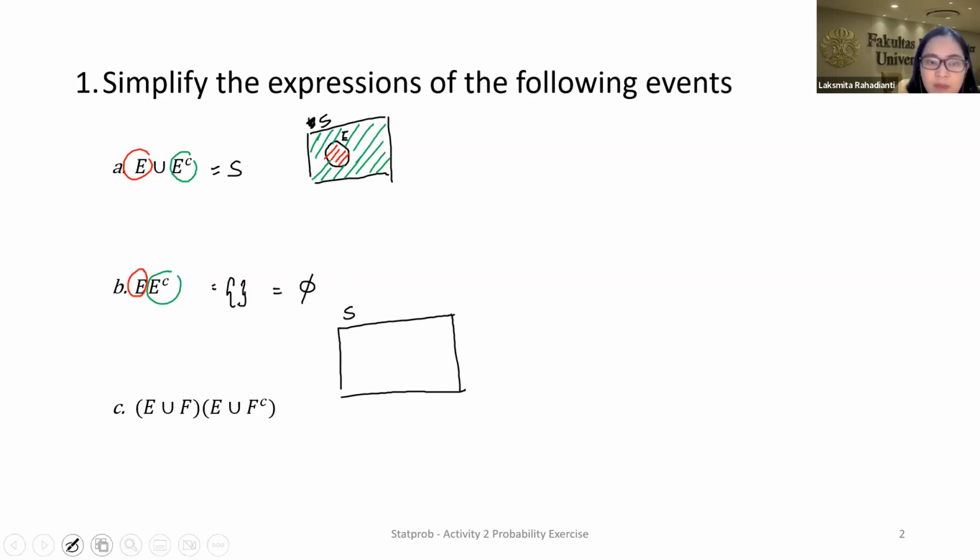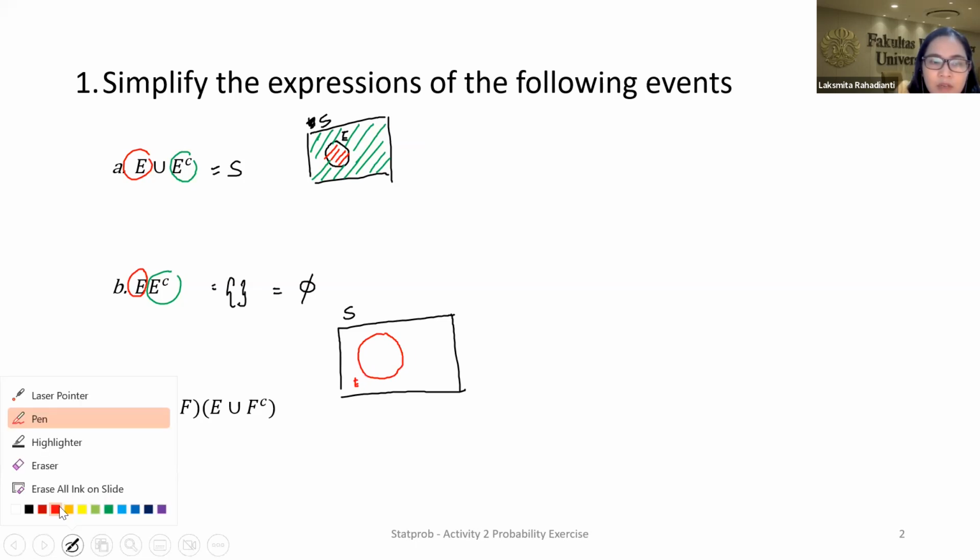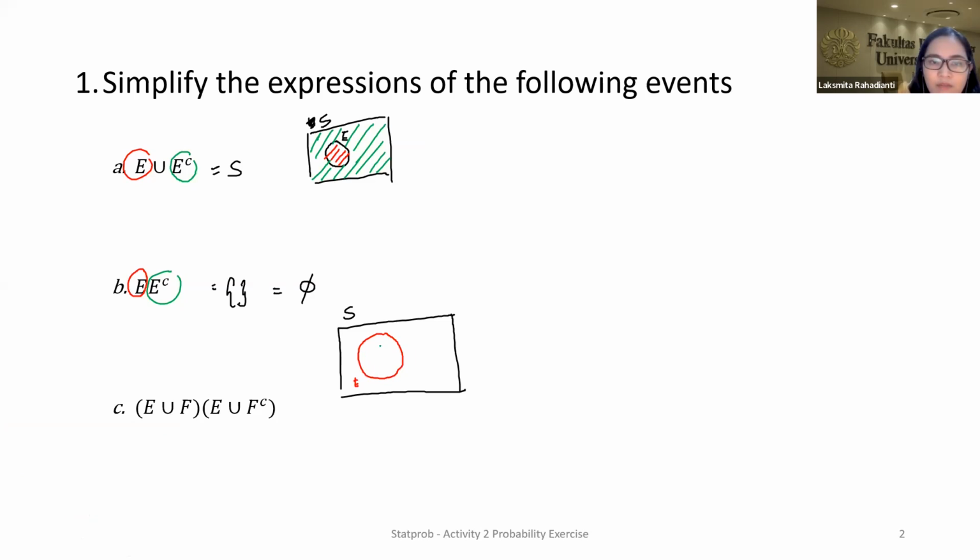This is our sample space. And this time I have 2 sets, E and another set F. I'm just going to draw them with an intersection just in case. We don't know yet if their intersection exists or not.